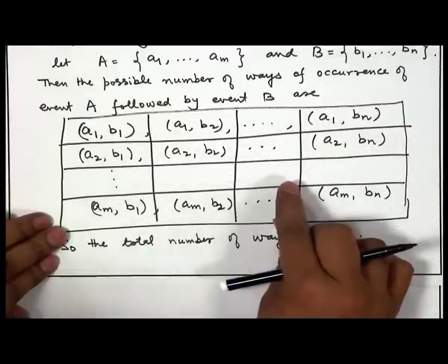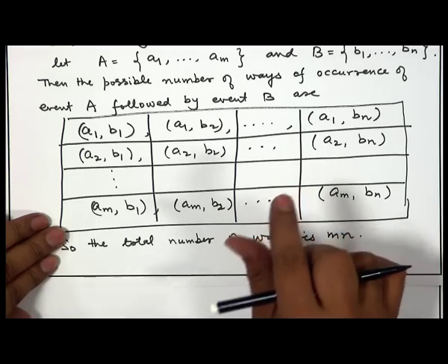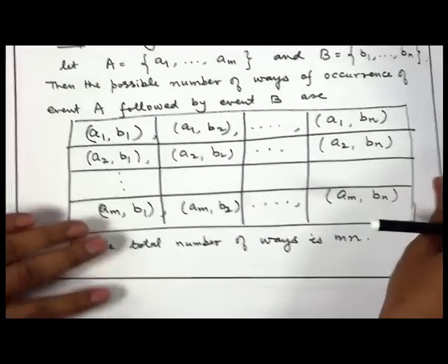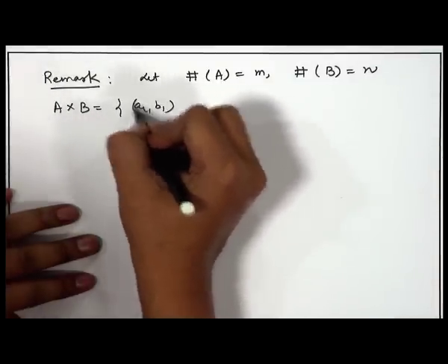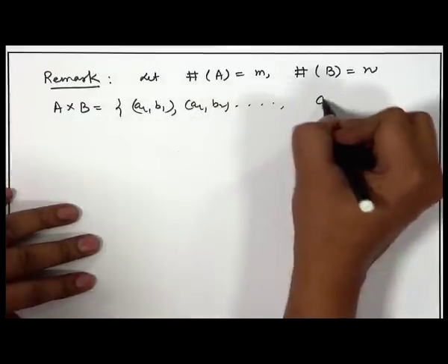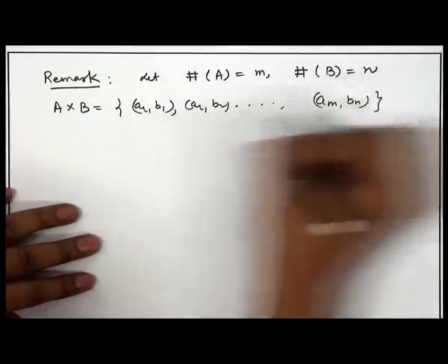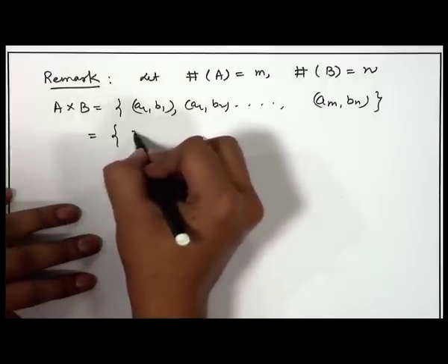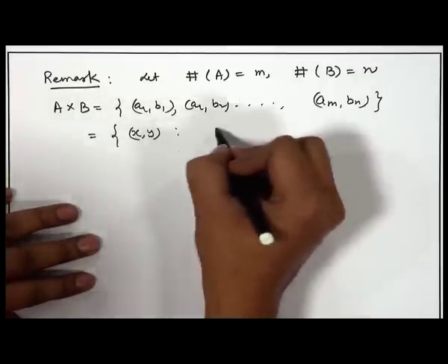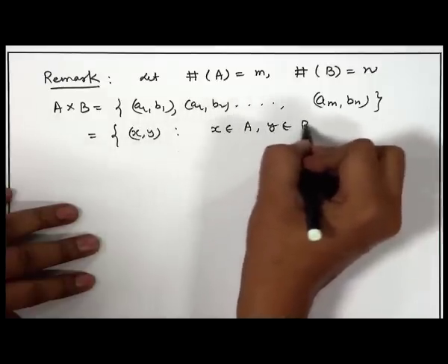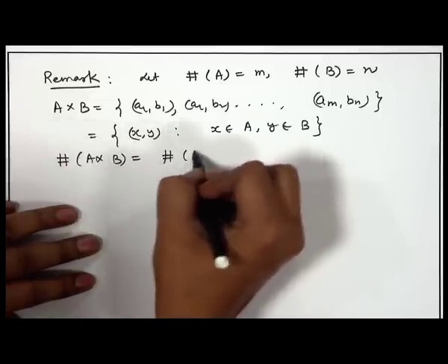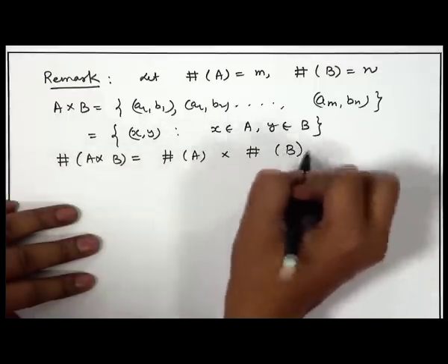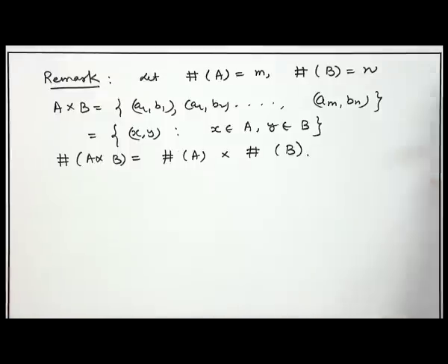These can be considered as elements of the Cartesian product A cross B. So, A cross B is actually a1 b1, a1 b2 and so on, which we also write like this, it is an element (x, y) such that x belongs to A, y belongs to B. So, then cardinality of A cross B is nothing but cardinality of A into cardinality of B. We can consider this as a compound event, that means, when one event is occurring and then it is followed by another event.